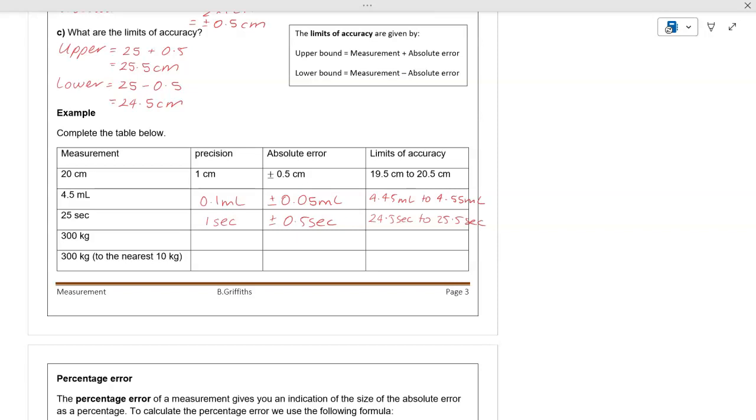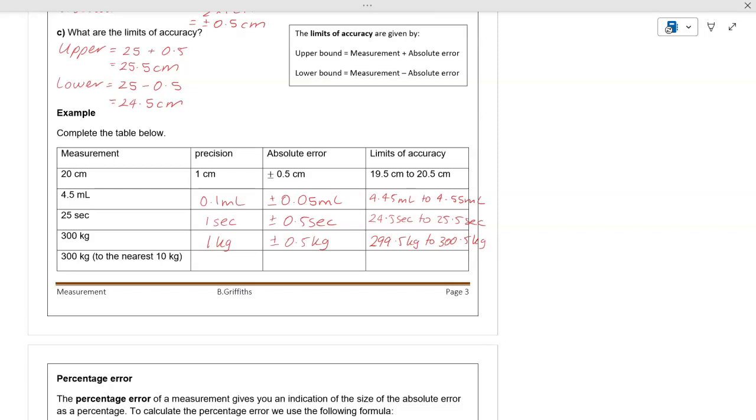Next, 300 kilograms. This is going to be our precision of 1 kilogram. So my absolute error is going to be plus or minus half of a kilogram. And then my limits of accuracy are going to be 299.5 kilograms to 300.5 kilograms.